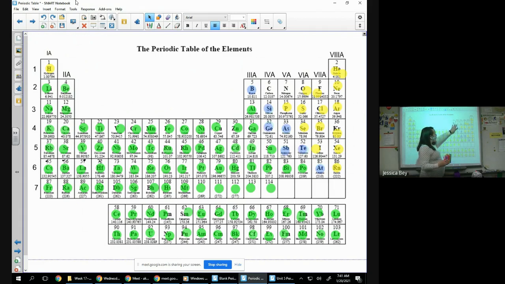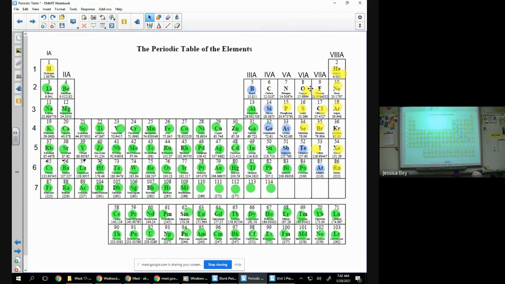And then here are the metalloids. Remember, the metals are shiny, good conductors, very easily shaped. The nonmetals are dull, brittle, not good conductors. And the metalloids have properties of both. So I do suggest giving that a little highlight here.